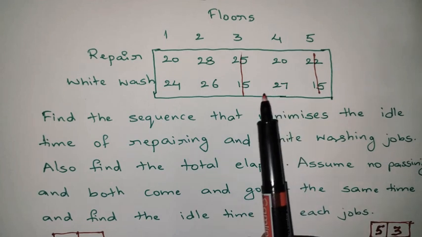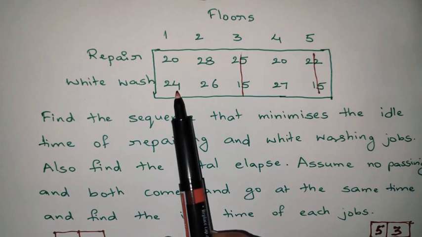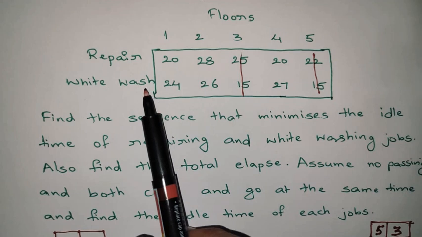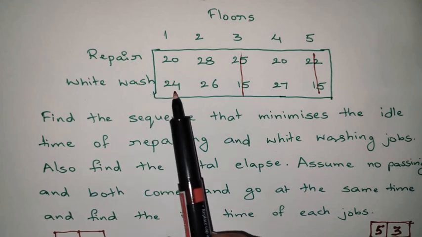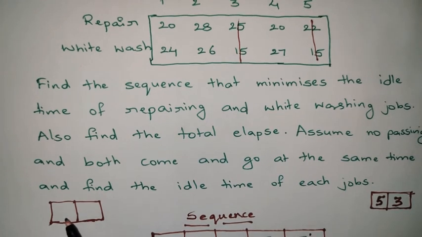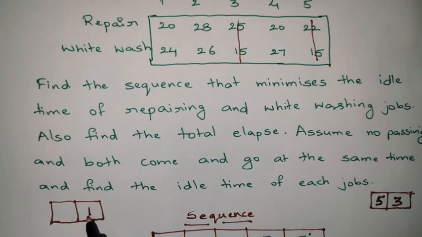And which one is lesser? 24. It corresponds to floor 1 in process 2. In process 2, if you get the minimum, then we need to mention it on the right side of these two. So the right side of these two is this one. So that's why we need to write 1 here and 4 should be here.